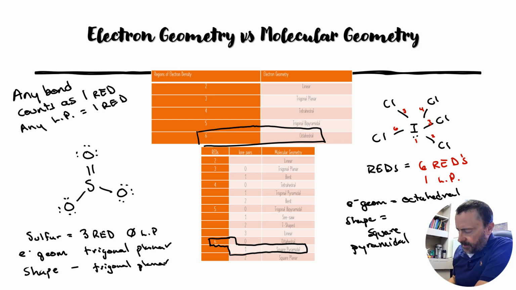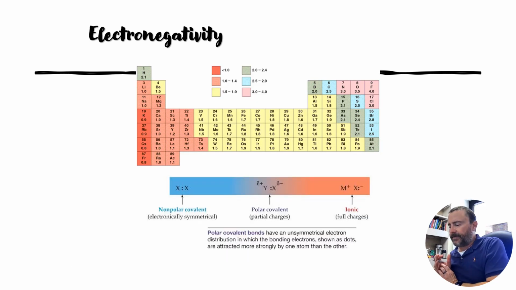All right, lastly is electronegativity. This is basically whether a bond is going to be what we call nonpolar, polar covalent, or ionic. And so you should be given an electronegativity table like this, and you can look up values along the way.